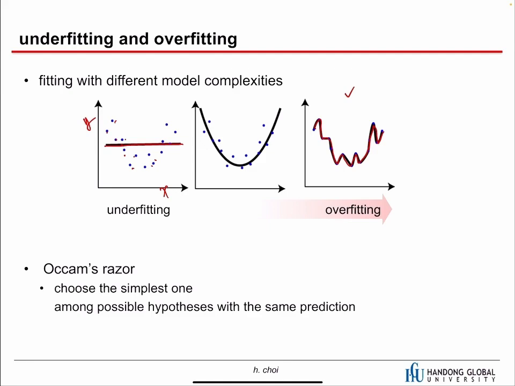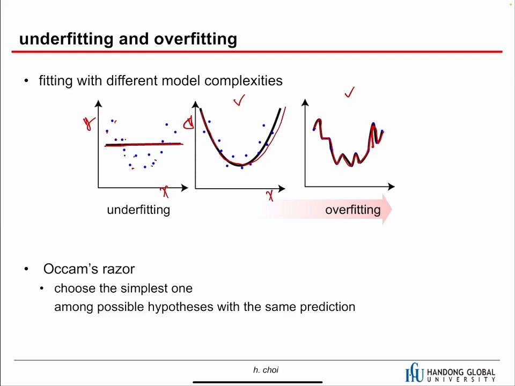When we have one new sample around here, then this model will give us this much error, right? So this model is overfitted to the training samples. And this one is better than the other two models because the model is smooth and it can capture the important relationship between x and y.